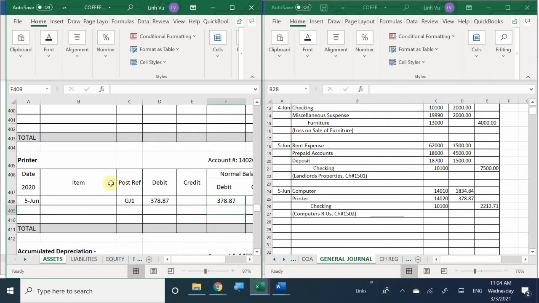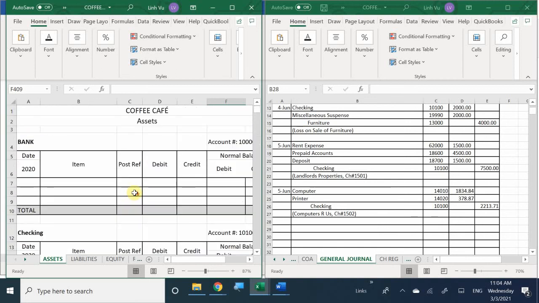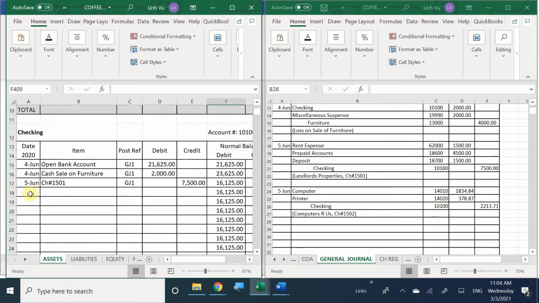Now, lastly, we wrote a check. So we need to decrease our checking amount by the $2,213.71. Here, again, June 6th, as you can see. Now I can go ahead and write in my description that I wrote check number 1502, General Journal 1. This time I credited my account.